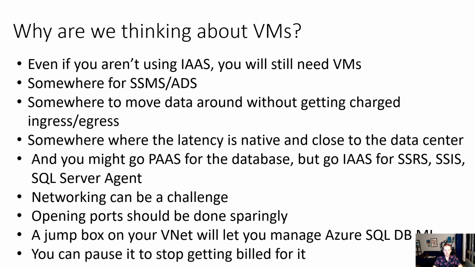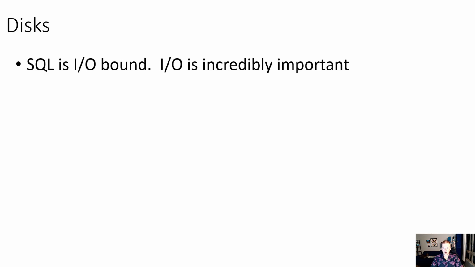That's pretty neat. Okay. So another thing that we need to be doing early is thinking about disks. Remember that SQL is I/O bound, and I/O is incredibly important. Your local I/O is very likely, not guaranteed, but very likely to outperform Azure's I/O.